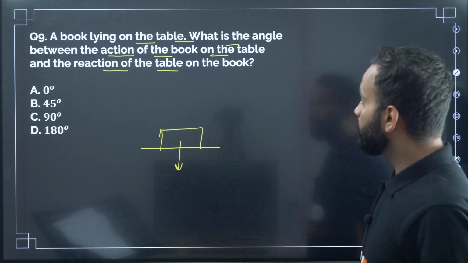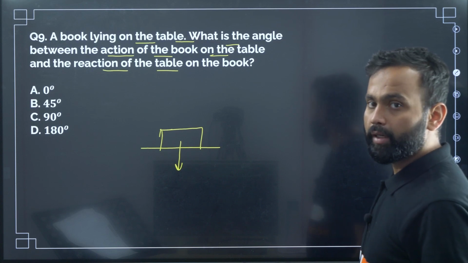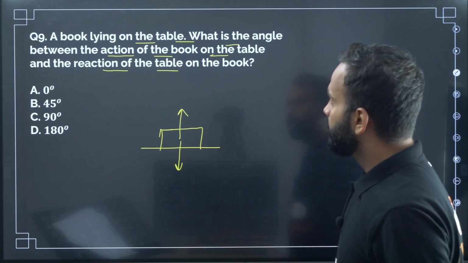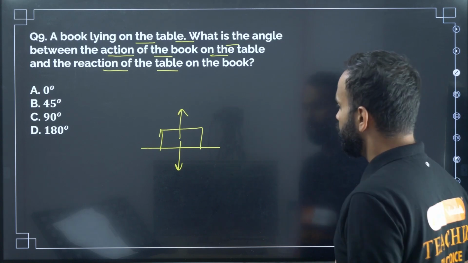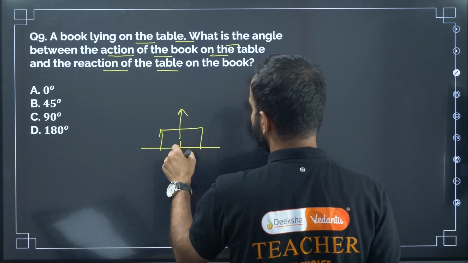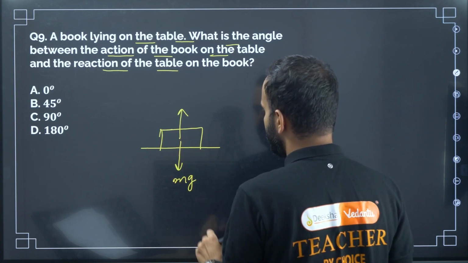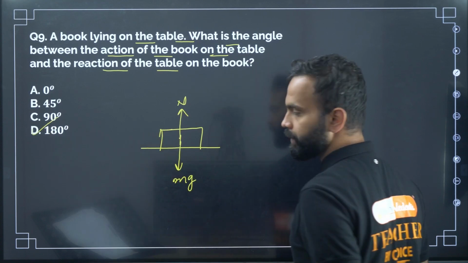Here the action of the book is the force exerted by the book on the table, this way. The reaction of the table on the book is in the opposite direction. So this is the action of the book on the table, that is mg, and the reaction is N. The angle between these two is 180 degrees. So the correct option is D.